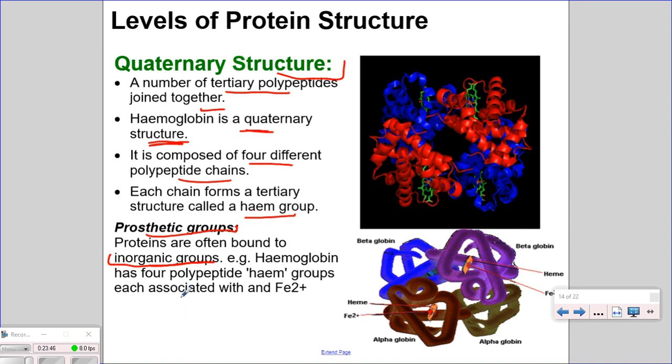Hemoglobin has 4 polypeptide heme groups, and these heme groups are each associated with an iron ion at the center of it. And the iron ion, iron 2 plus ion, attached to that heme group is where oxygen is going to interact with this molecule.